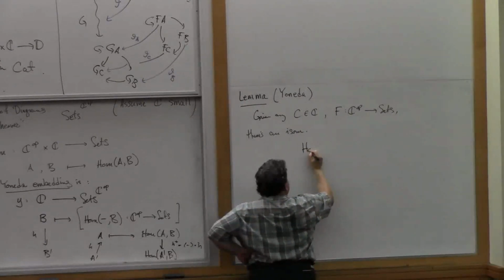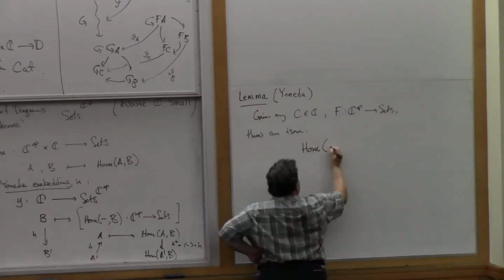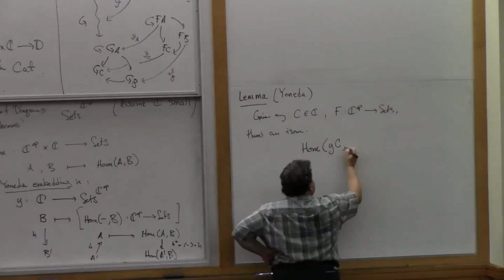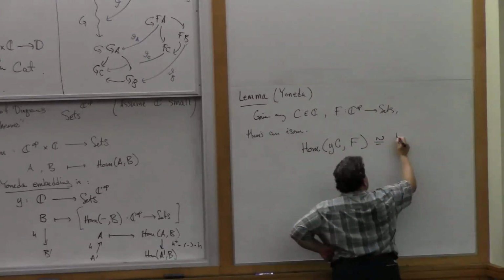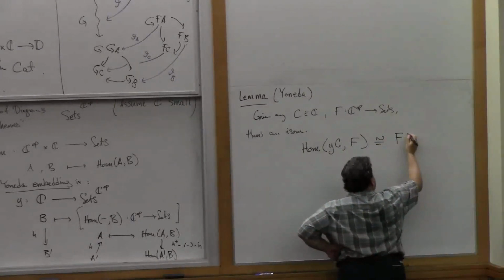If I look at natural transformations in the functor category from the representable functor into F, those correspond exactly to elements of the functor F at C.